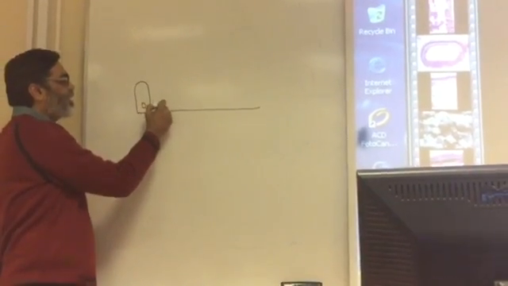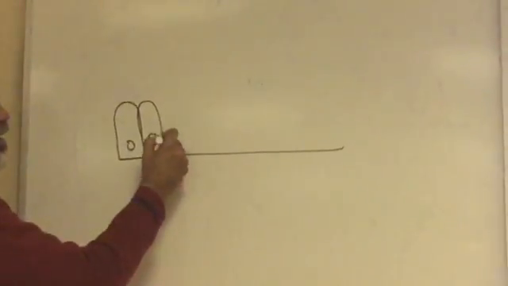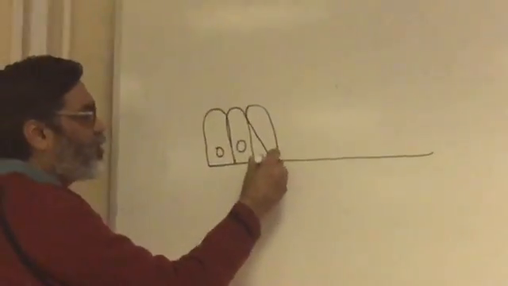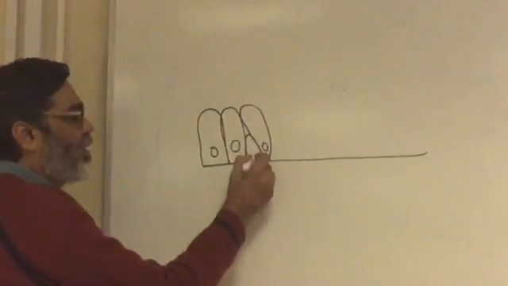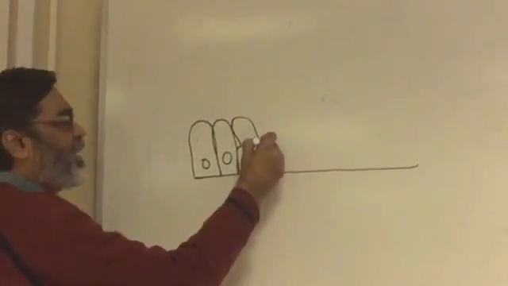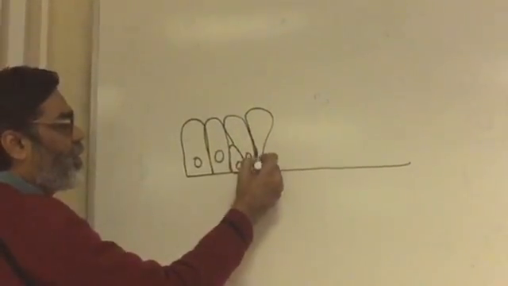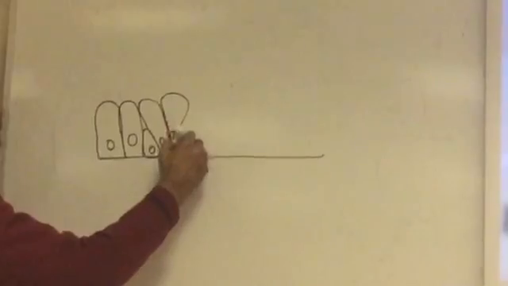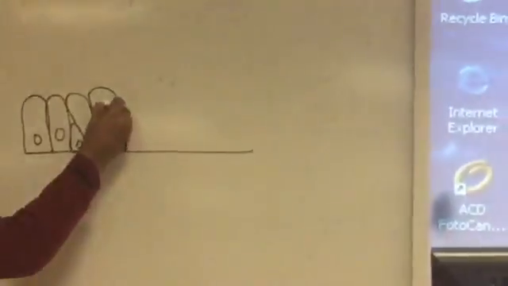So a columnar cell, then we can have another columnar cell, and then we have another columnar cell, but in between these two columnar cells, we have another cell here, which is small. And we have a cell which is like a goblet cell. So the nucleus is here. And then we have another small cell. Then we have another big cell like this.